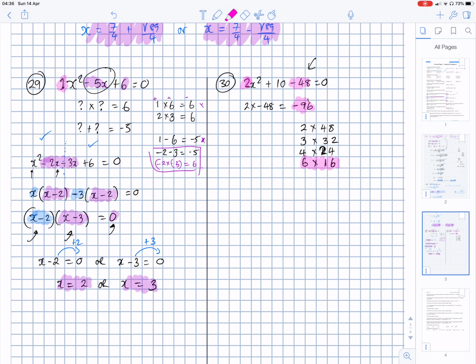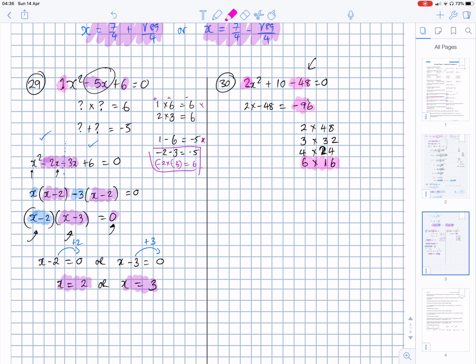You add them, 16 minus 6, and they give you the 10. Like we did in the last one, I'm going to replace the 10x with 16x minus 6x.